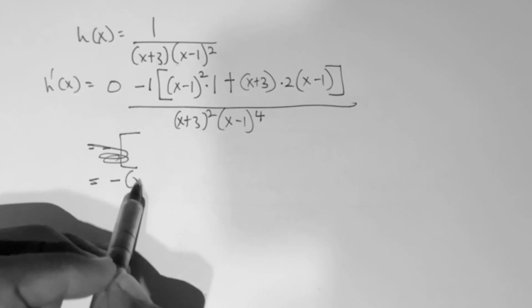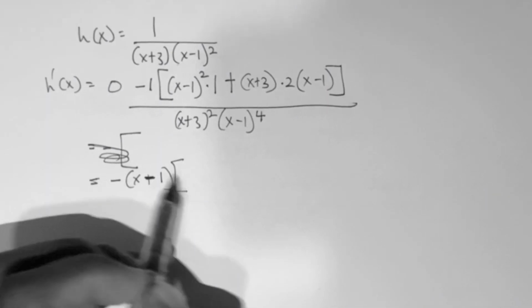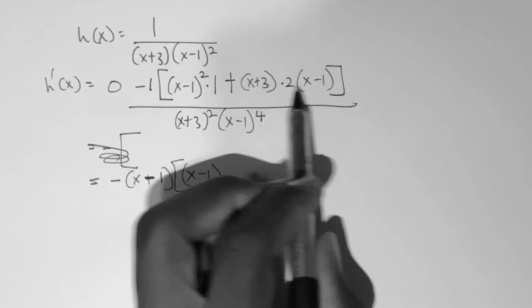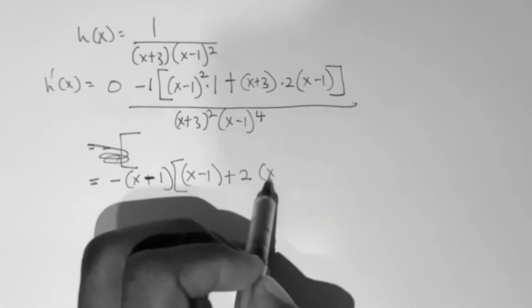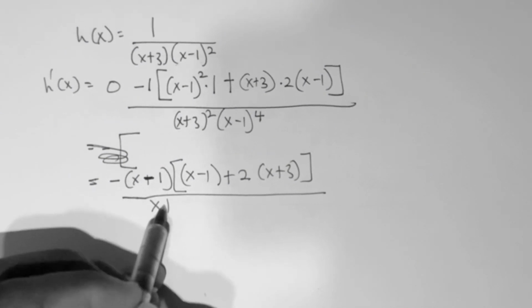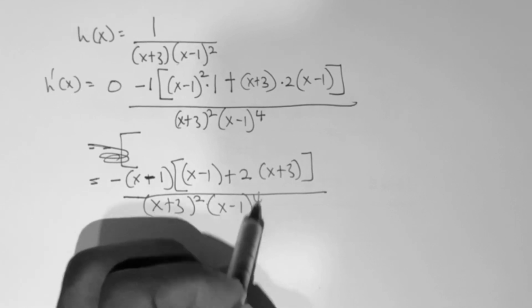So minus (x − 1), then times, we'll be left with (x − 1) times 2, plus 2 times (x + 3), divided by (x + 3)², then (x − 1)⁴.